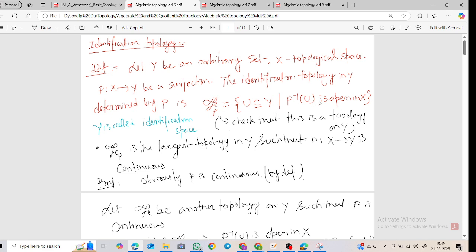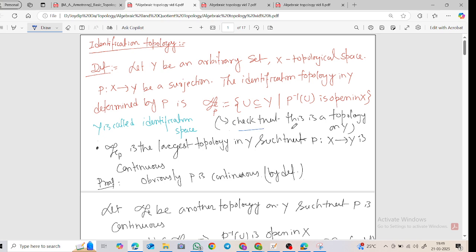They are taking the help of the map P in order to define a topology on Y. So the sets U subset of Y that are open in Y are those whose P inverse image is open in X. So first of all, you have to check this is a topology. Check this, because these checks are supposed to be done by you. Again, this is not a spoon-feeding course.